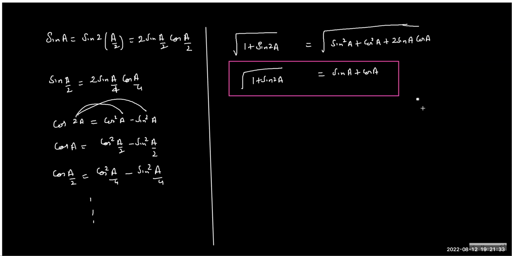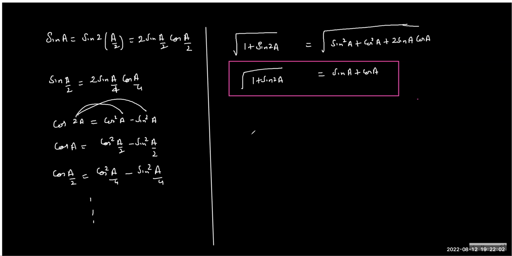One more thing I would like to just express. Whether it is sine, cos, or tan, every trigonometric ratio can be expressed in terms of tan. That's very famous. And again, that is required for the integration manipulation.